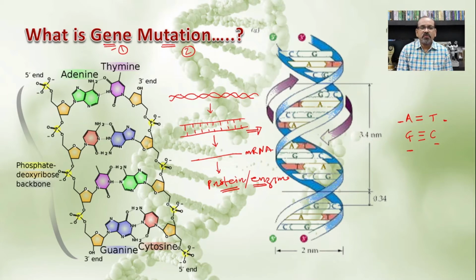Whenever we are talking about this segment of DNA which is responsible for the synthesis of a particular protein, then this segment is known as gene. So, directly we can say that the gene is nothing but the segment of DNA which is responsible for the synthesis of a particular protein or the enzyme.